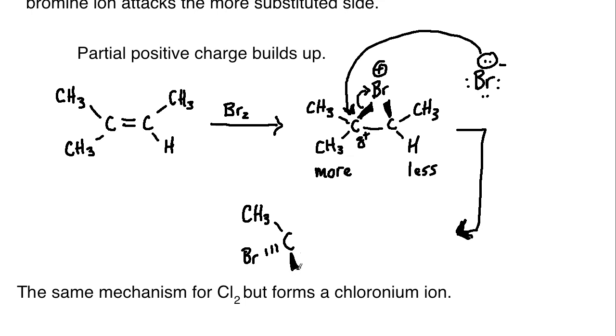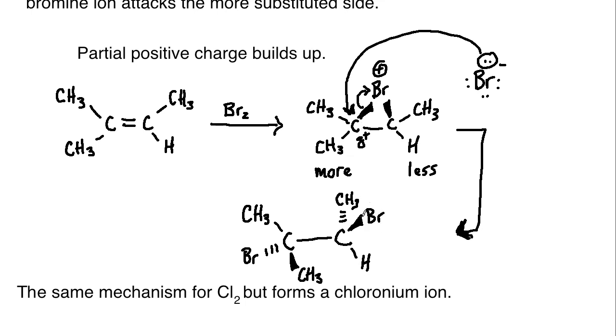But if your professor is asking you to show the mechanism and you draw this intermediate here, it is very important which carbon is going to be attacked. So I just wanted to point this out because some students can get the correct technical answer, but if they're being asked to show the mechanism on the test, they do not realize that the bromine needs to come to this more substituted position here.